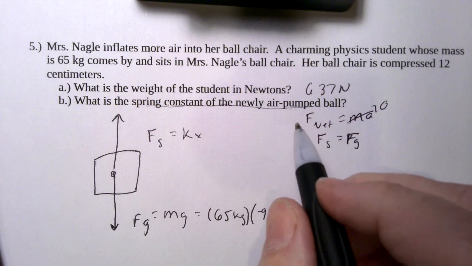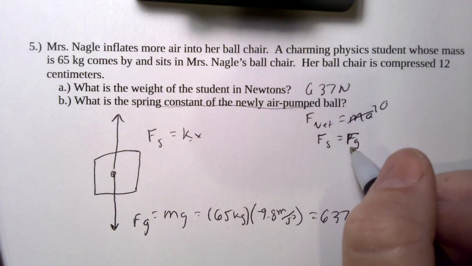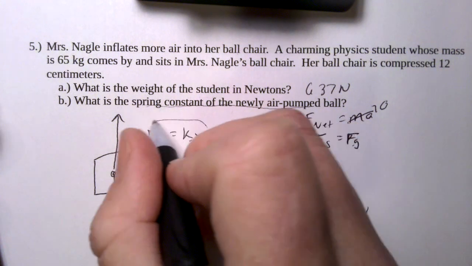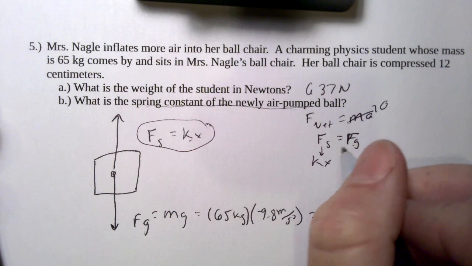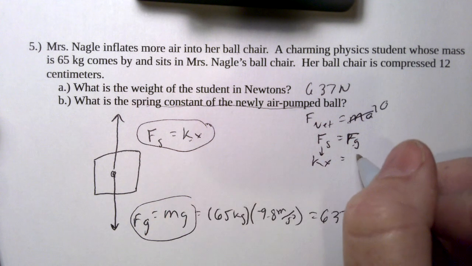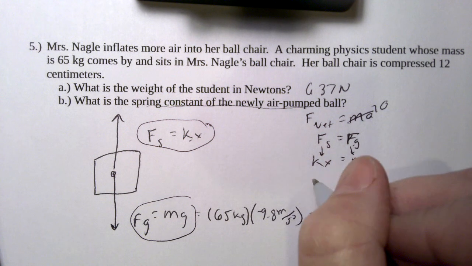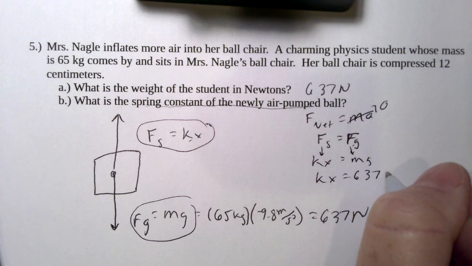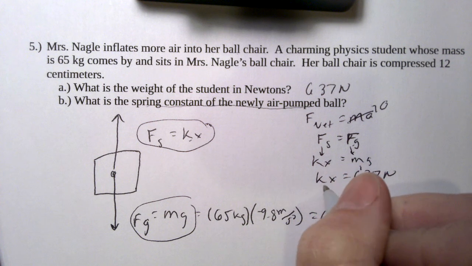So, I'm trying to solve for k, and I know these. Well, I could put my equation for this, kx, and I could substitute mg for this. I already know that kx has to be equal to 637 newtons because I just did it over here. How do I solve for k?